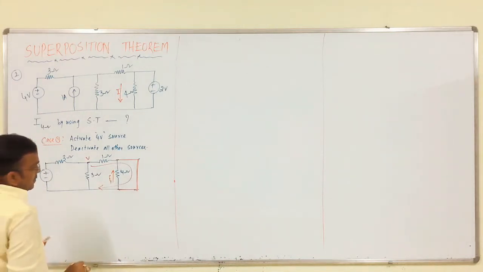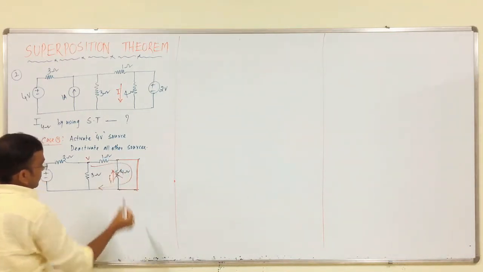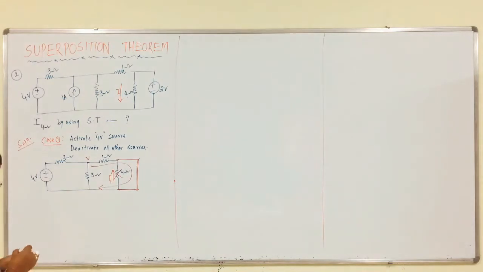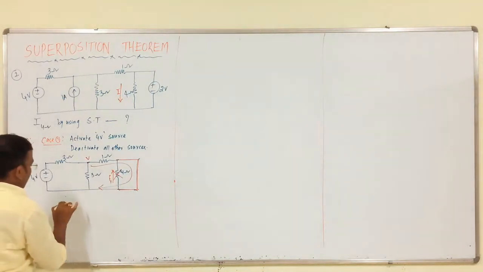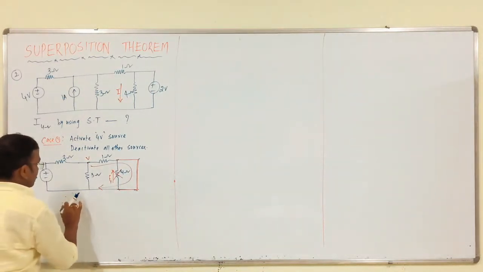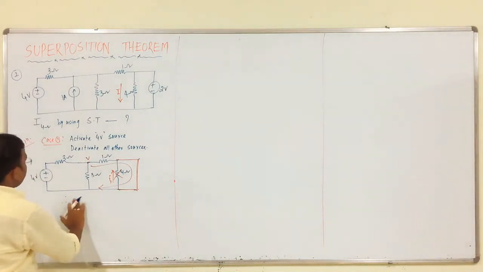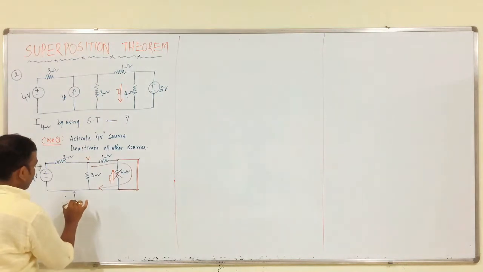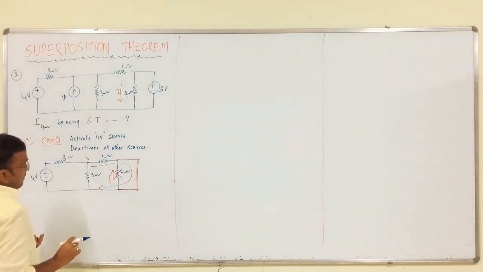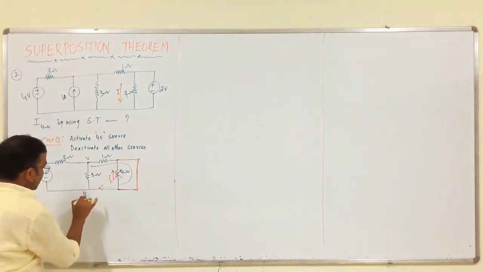So, there is no current through this branch, therefore the current I1, let's wait, from this the circuit becomes what?